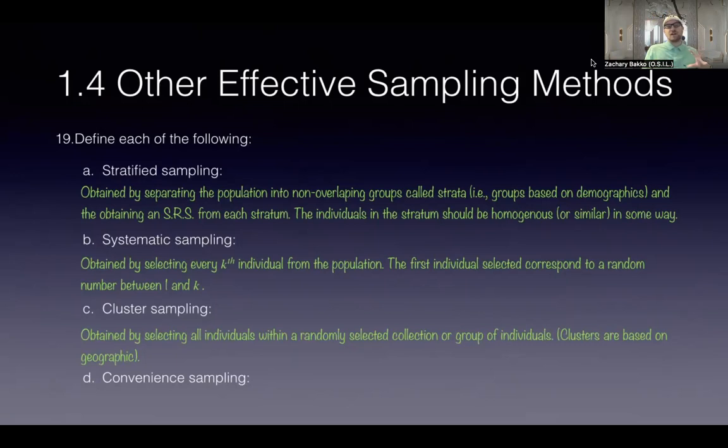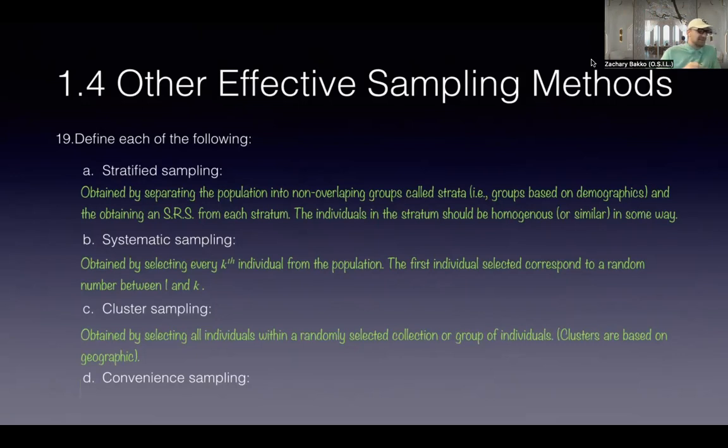Where they differ is that with stratified sampling, we take simple random samples from each of those groups. With cluster sampling, you're taking whole groups. And stratified is based on demographics. Cluster sampling is based on geographics.